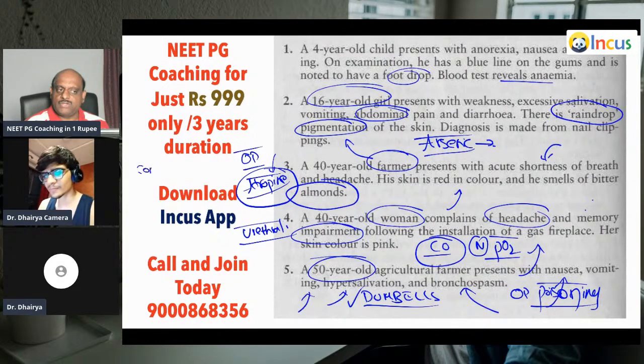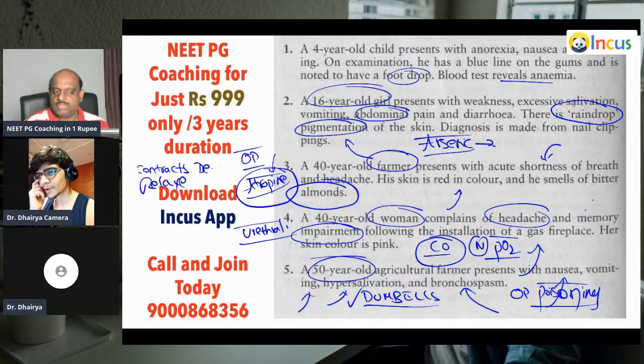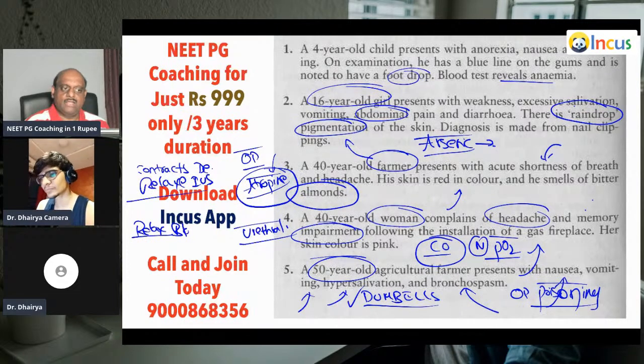Cholinergic contracts the bladder, contracts the detrusor, and relaxes the internal urethral sphincter. Whereas atropine, what will it do? Atropine will relax the bladder and constrict the internal urethral sphincter.